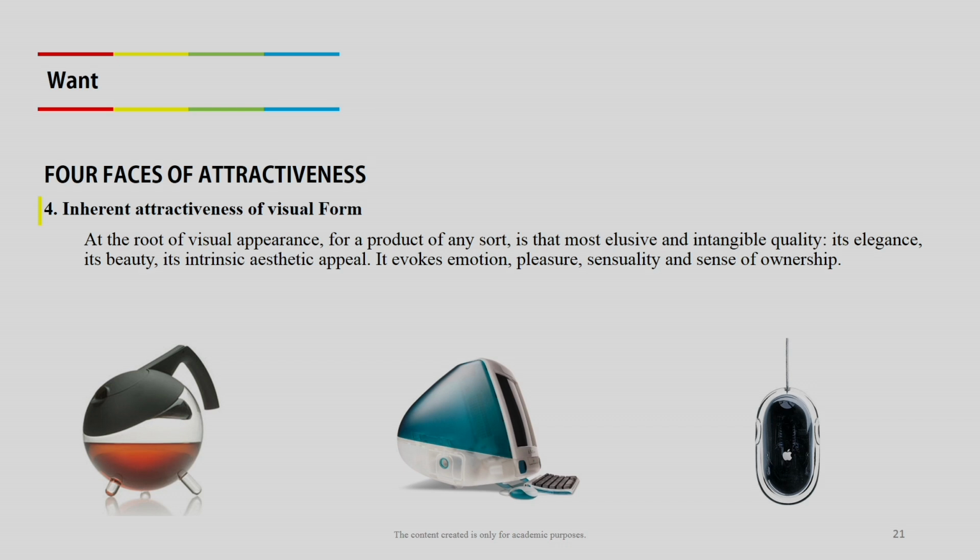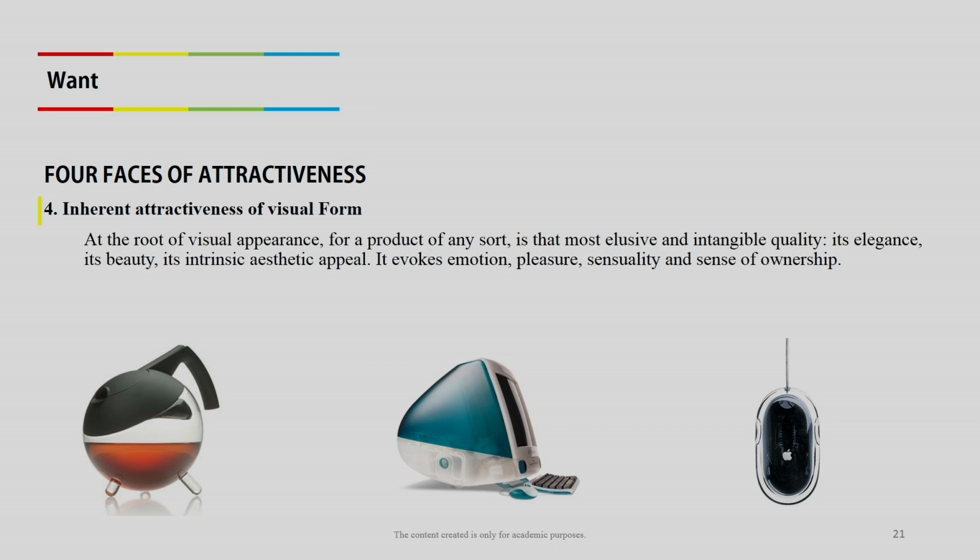Fourth phase is inherent attractiveness of visual form. At the root of visual appearance for a product of any sort is that most elusive and intangible quality, its elegance, its beauty, its intrinsic aesthetic appeal.